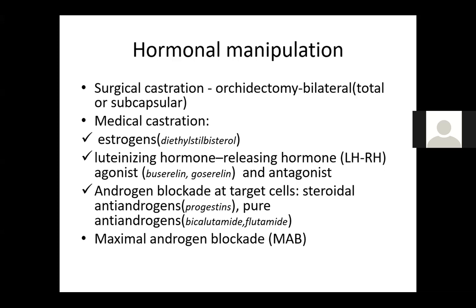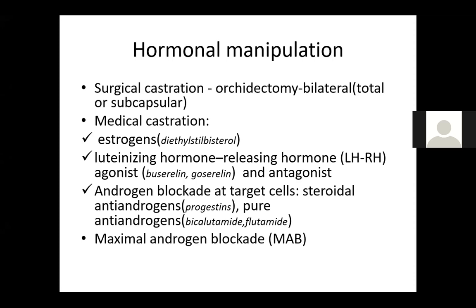That means you have removed 95% of the androgens, but you have not removed the 5% that comes from the adrenals. And therefore, if you want to eliminate the 5%, you do surgical castration and add an anti-androgen. In other words, you remove the testicles and also block the receptors in the prostate. And that's when we talk of total androgen deprivation therapy, or what we have also called maximal androgen blockade, okay?